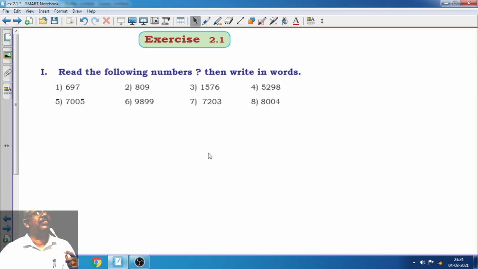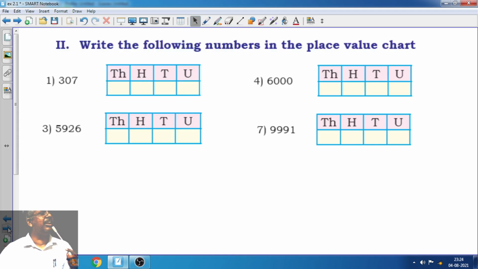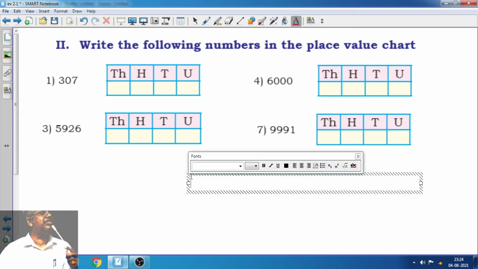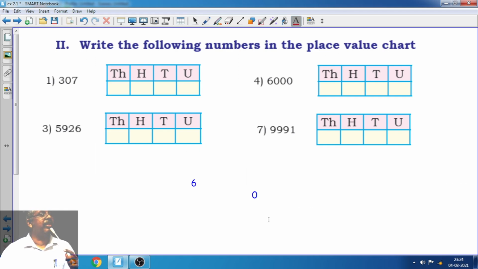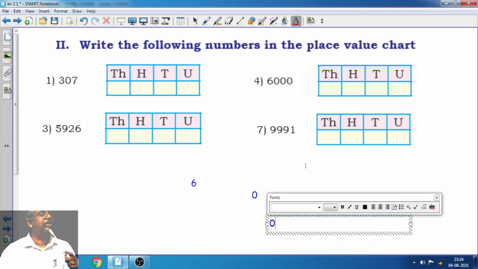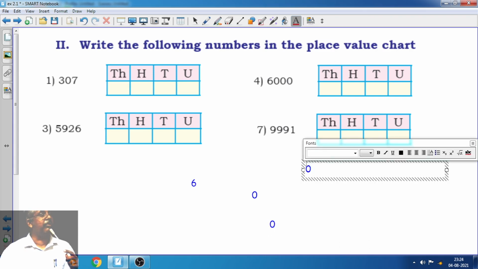Then you have these exercises 2.1. So you are supposed to read this and write them in words. And next we have to fix these numbers into the proper places. One I will try to do here, which is 6,000. So I have a 6, I have 0, one more 0, and one more 0.